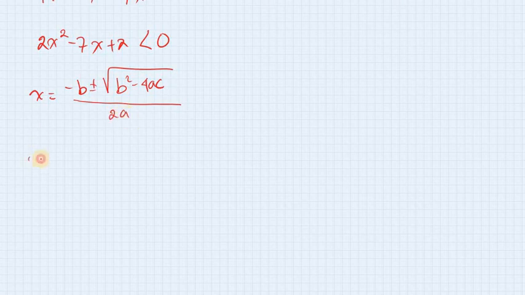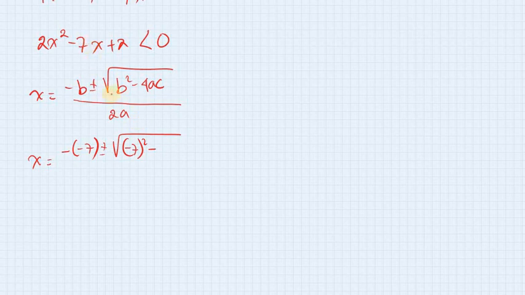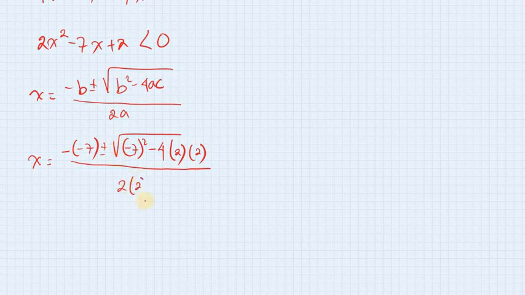So x equals negative b, so negative negative 7, plus minus square root of negative 7 squared minus 4 times a, which is 2, times c, which is 2, divided by 2a, 2 times 2.